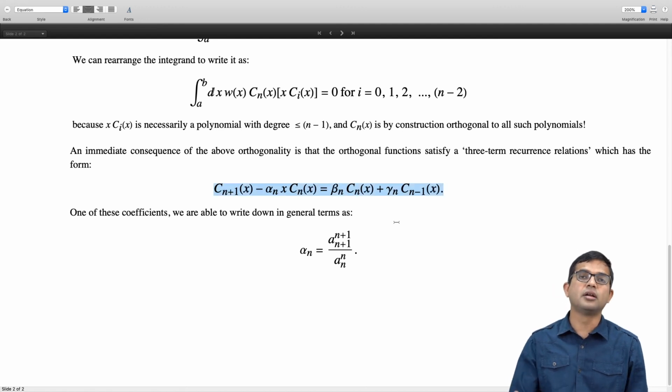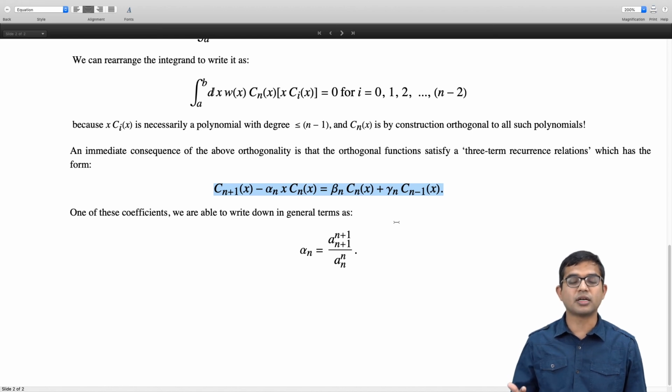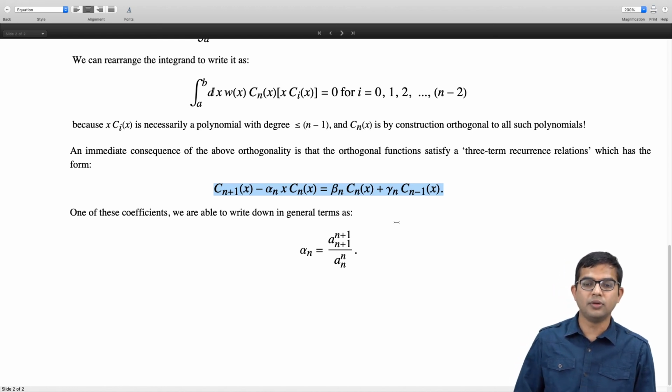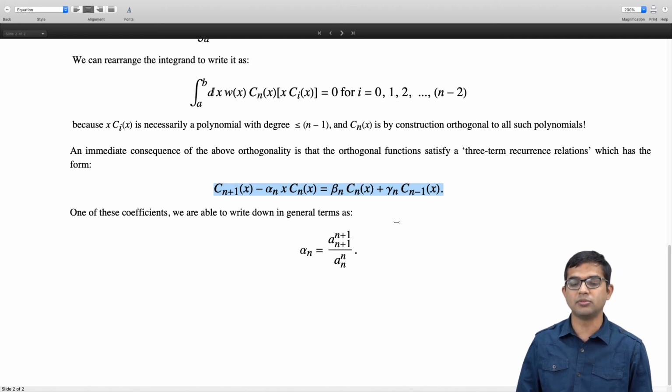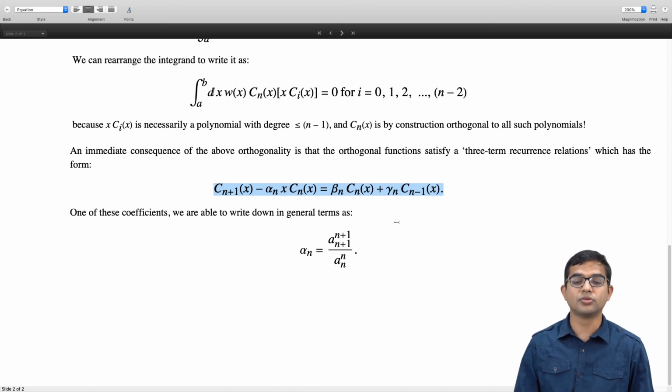It turns out that specific polynomials satisfy some other recurrence relations, which we will come to when we discuss individual polynomials, also with derivatives involved and so on. There are other interesting recurrence relations which can be worked out, but this is a very general result. It holds for any of these different kinds of orthogonal polynomials which we will look at.